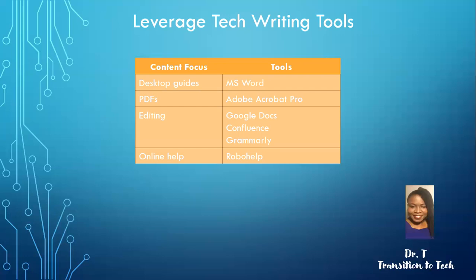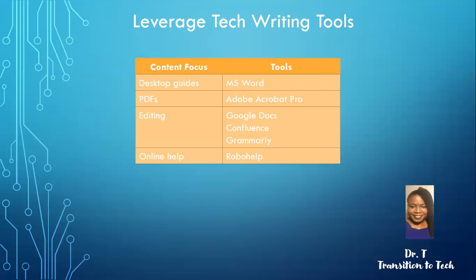Now, if you're editing or you're working in a collaborative document sharing type approach to fleshing out some tech content, then Google Docs, Confluence, and Grammarly are great tools. Well, Grammarly is just for the editing side. Great, robust tool, really good at checking grammar, and can be used in conjunction with any of these other tools.